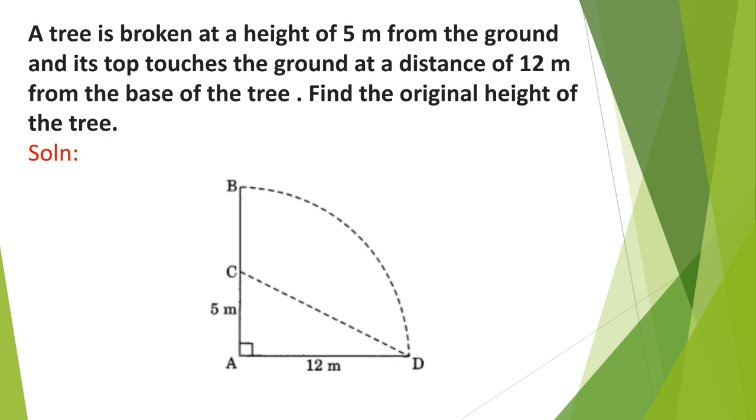AB is the original height of the tree. At 5 meters, the tree was broken. We are taking that as C. What is the remaining part? The broken part, BC. That broken part falls on the ground from the base of the tree. That broken piece reaches the ground at a distance of 12 meters from the base of the tree.